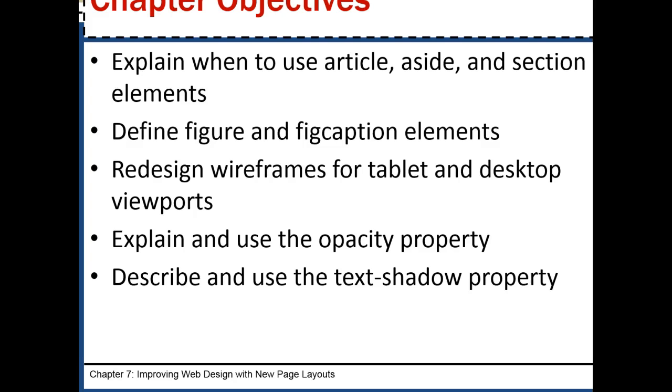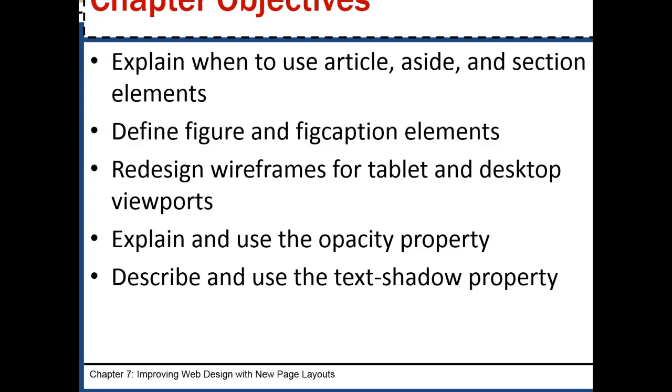Some of the objectives that we are going to learn from this chapter are to know when to use the article, aside, and section elements. Also, we are going to talk about figure and figcaption elements, and how to redesign the wireframes for tablet and desktop viewports as well.